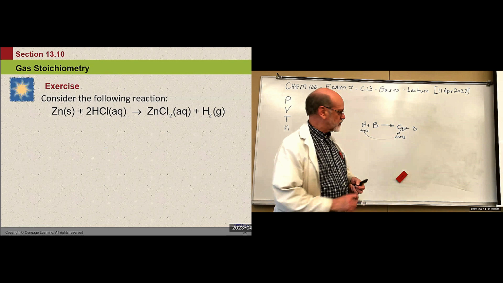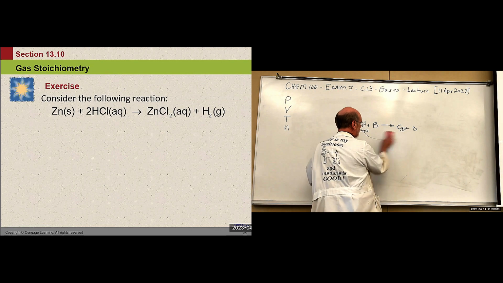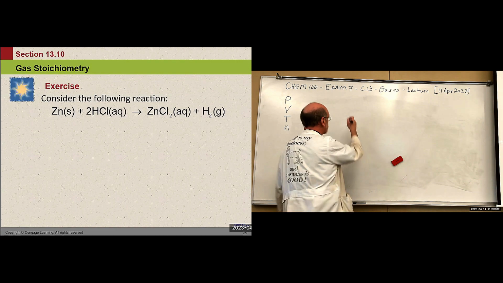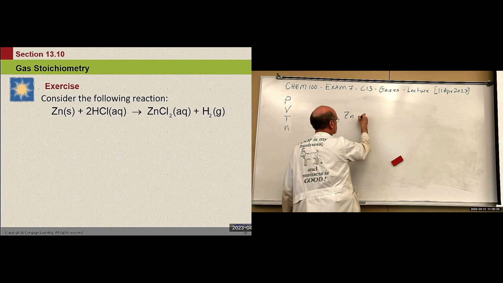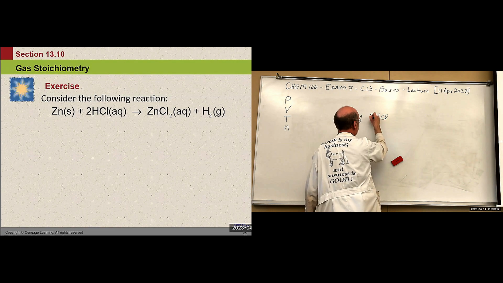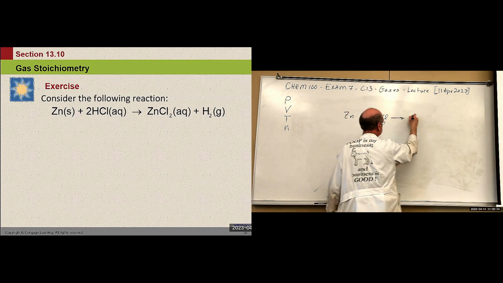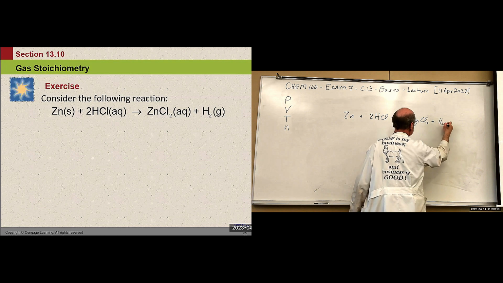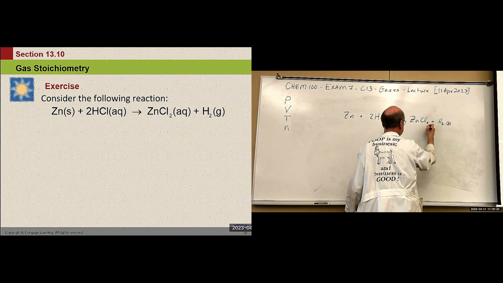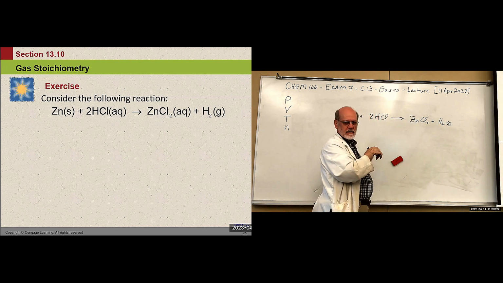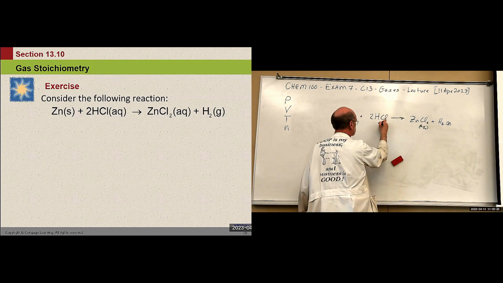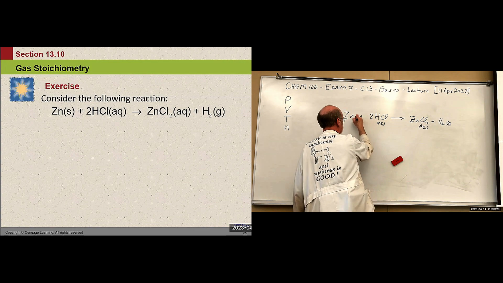Now, for stoichiometry purposes, we have a real world reaction. We have zinc plus hydrochloric acid yields zinc chloride plus hydrogen gas. These are aqueous, and this is a solid.